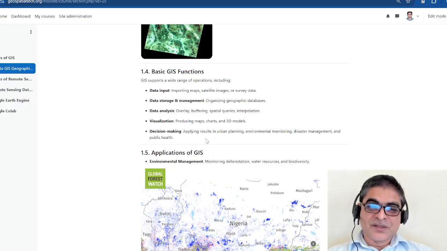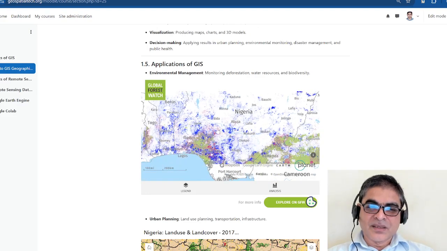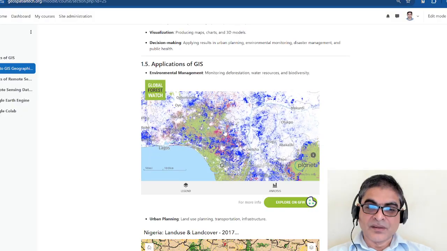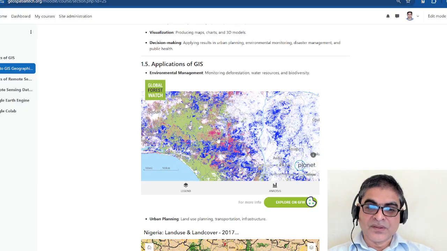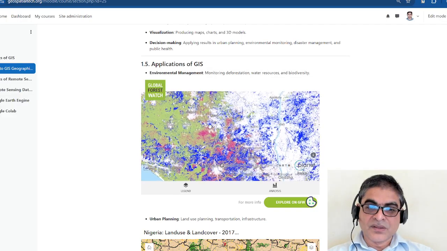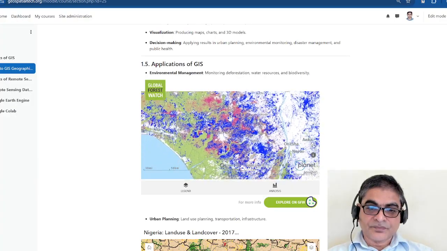There are some applications which I want to demonstrate to you. This red area shows where the vegetation has declined, and the green area shows where the vegetation has increased.